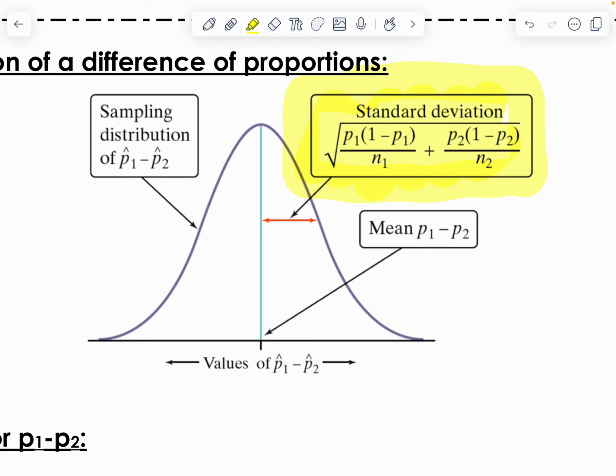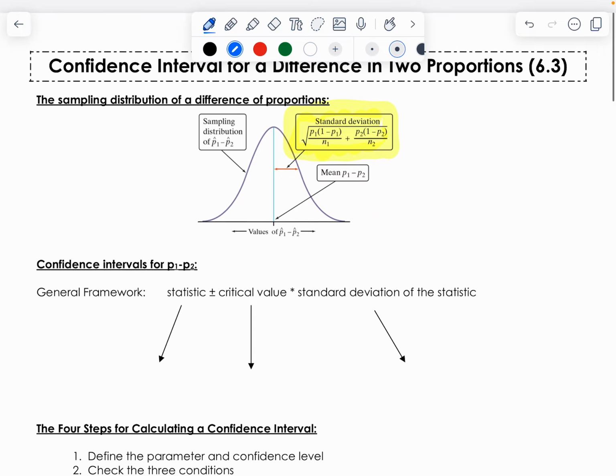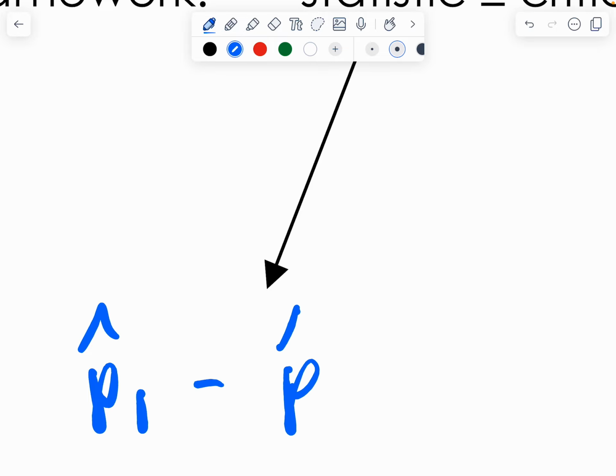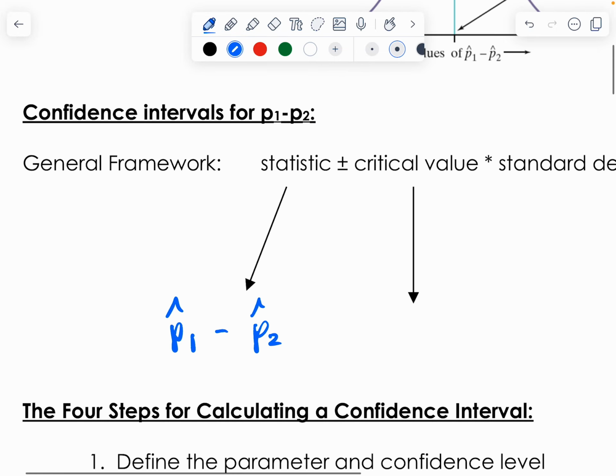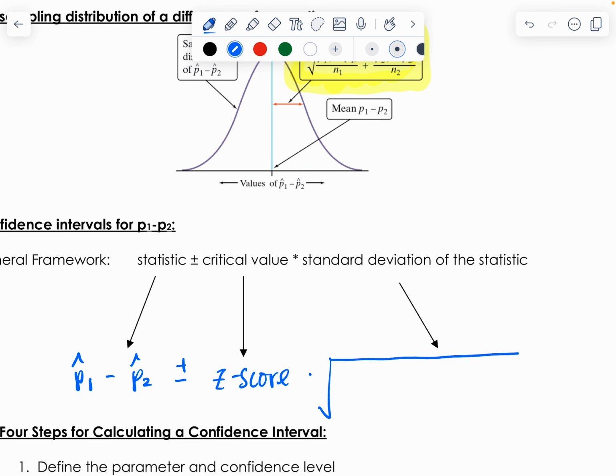All right, and it still is usually a normal distribution, as long as n times p and n times 1 minus p are both greater than or equal to 10 for both sample percents. So it's a little bit more legwork here. Our statistic in this case is that difference in our sample proportions, p hat 1 minus p hat 2, plus or minus our z-score, that critical value, times our big square root, right?